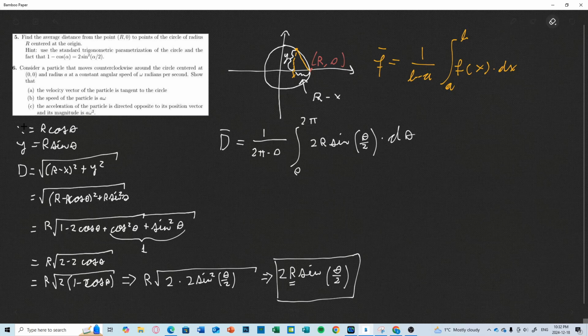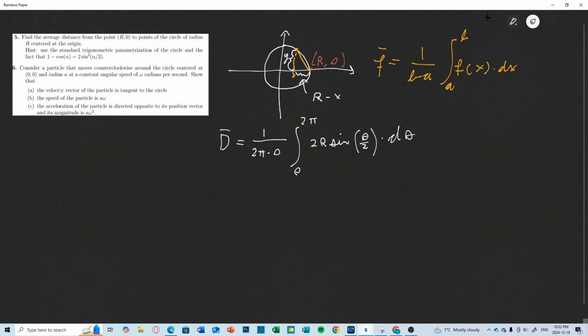Now if we make some space, we can change this. Since we can factor the 2 out, which will cancel, we get 1 over pi, and then it just becomes the integral from 0 to 2 pi of r sine of theta divided by 2 times d theta, which we will use a u sub for.